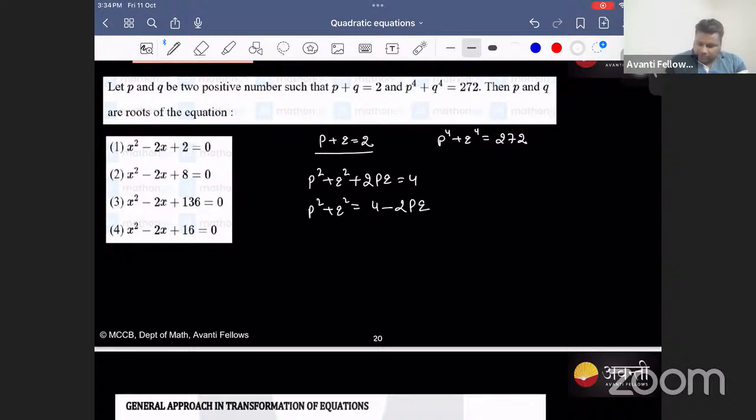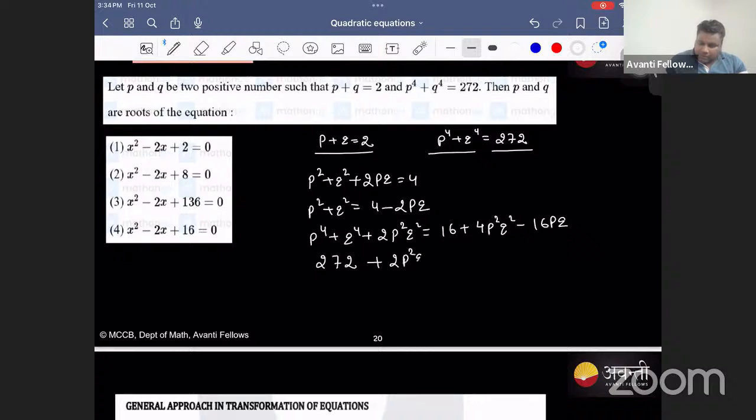Now square again both sides. So P to the power 4 plus Q to the power 4 plus 2P square Q square is 16 plus 4P square Q square minus 16PQ. Got it? Now P to the power 4 plus Q to the power 4 is 272, plus 2P square Q square equals 16 plus 4P square Q square minus 16PQ.